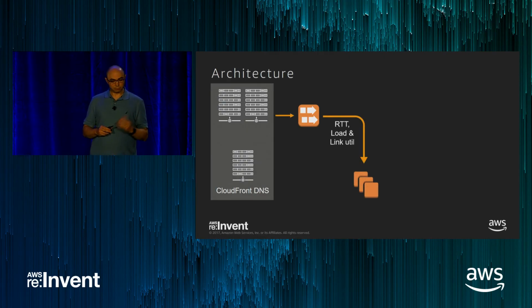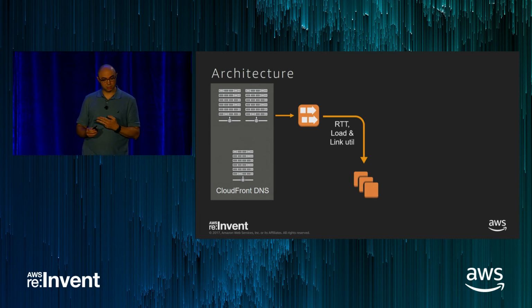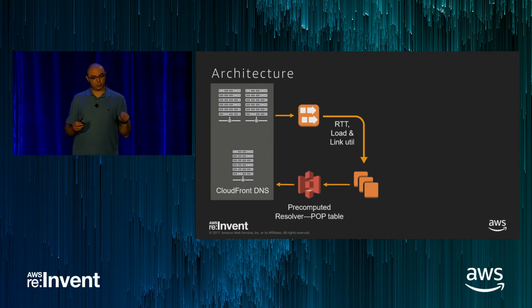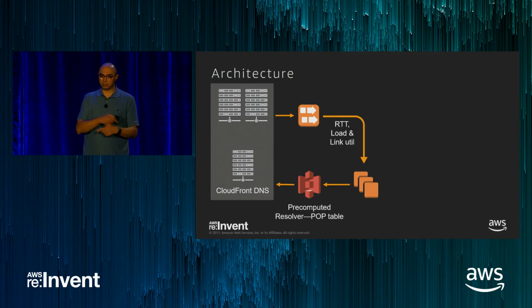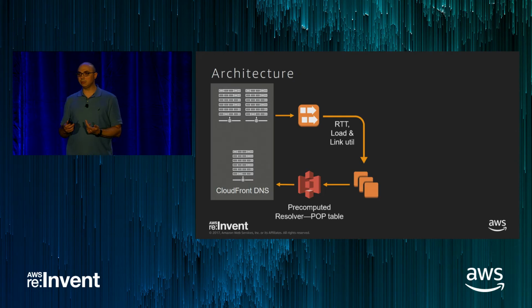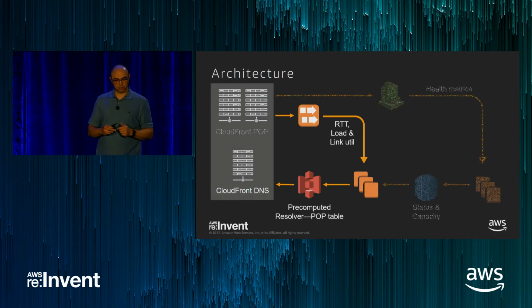And we push all this data, RTT, latency, load, and link utilization over Kinesis. And we pre-compute a resolver to POP association table. We send this table back to every single POP in the world, so that when they get a resolver, they know to which edge location to send this request. And we do that continuously. We keep building those all the time. We get new data, we build a new table, we send it to the edge.